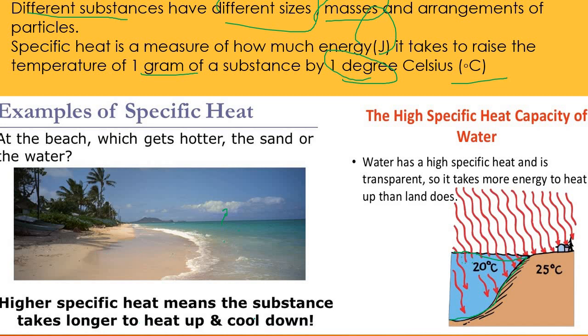Higher specific heat means that the substance takes longer to heat up and cool down. The water takes a longer time to heat up than sand. Sand needs less energy to raise its temperature, while water takes a long time.